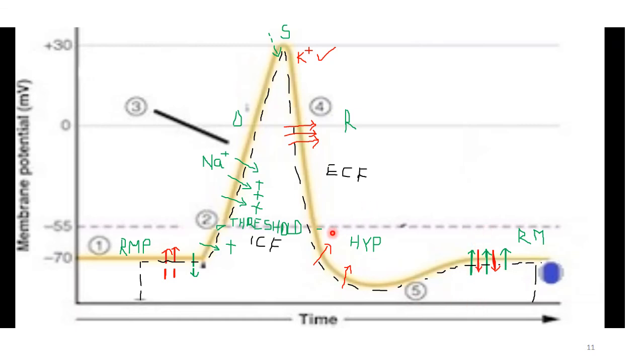Why? Because after the depolarization, there is more concentration of sodium inside. So this gradient has to be maintained as the resting membrane potential. For that, sodium ions have to be moved out, and this is done by the sodium potassium ATPase pump. The second thing, the leaky channels are more permeable to potassium ions. The red indicates potassium and the green indicates sodium ions.